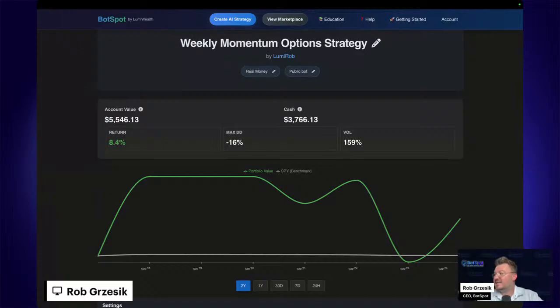So Michael asks, can you program a bot to short a stock? We absolutely can do that. We could definitely short stocks. I'm personally not too crazy about shorting stocks, just because every time I have shorted stocks, it has not worked out very well. It's actually quite difficult to make money on the way down. I find it much easier to make bull trading strategies than bear trading strategies.